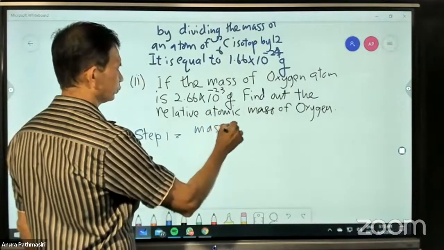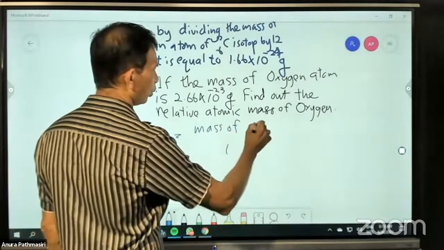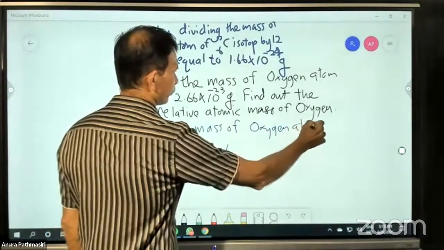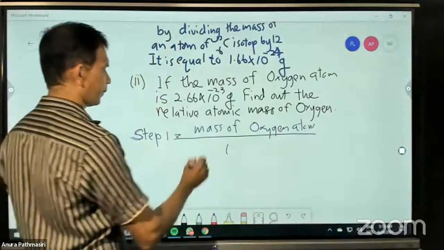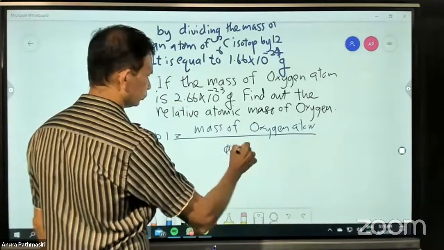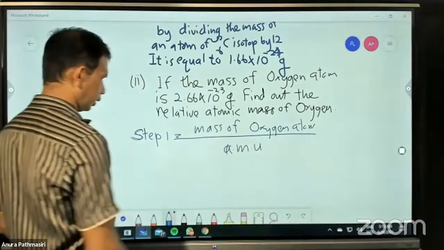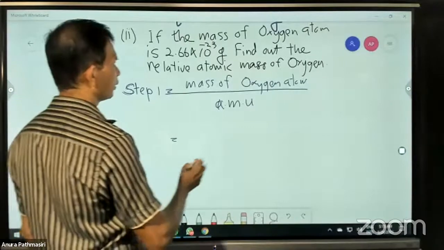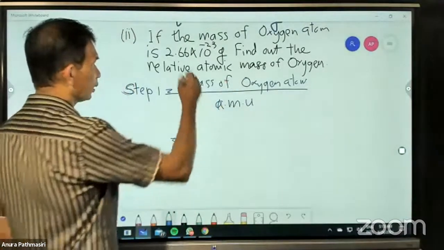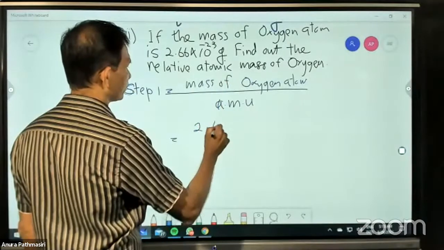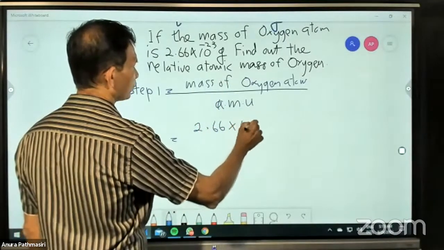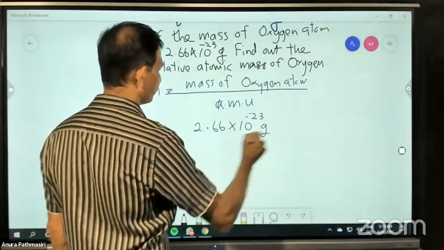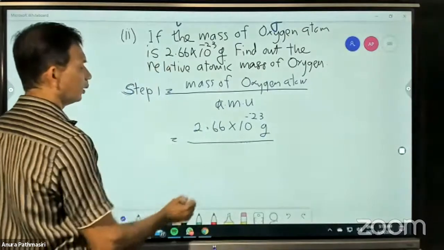Mass of oxygen atom divided by AMU, atomic mass unit. You can write atomic mass unit in any way. Mass of oxygen atom is 2.66 times 10 to the power negative 23 gram divided by AMU.